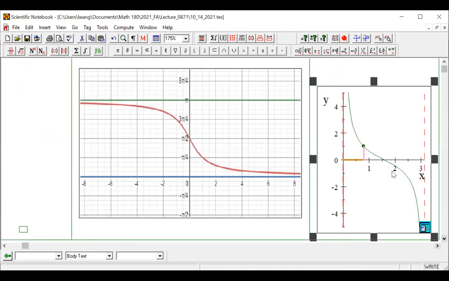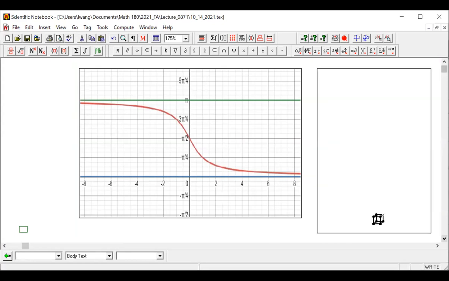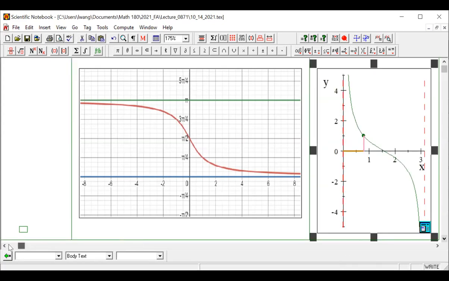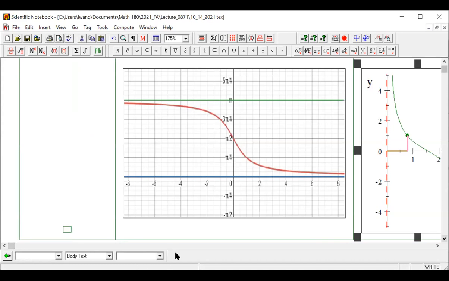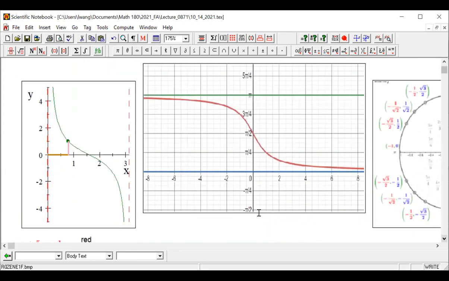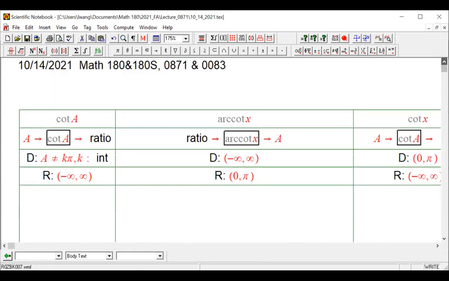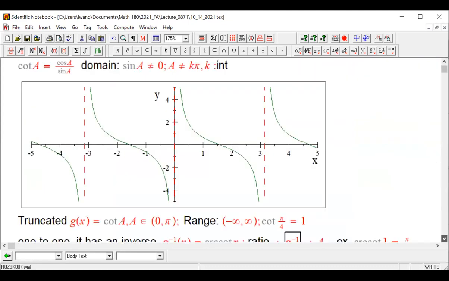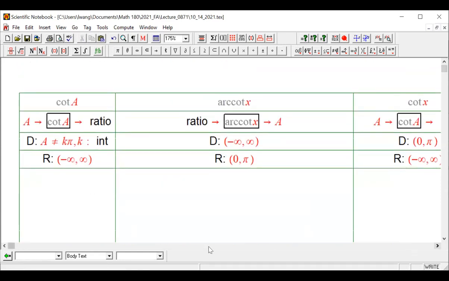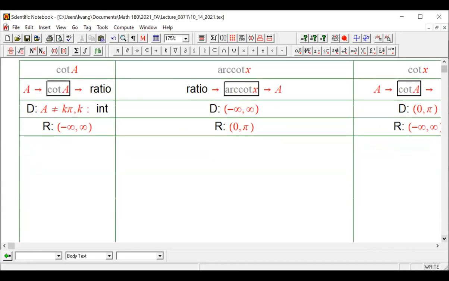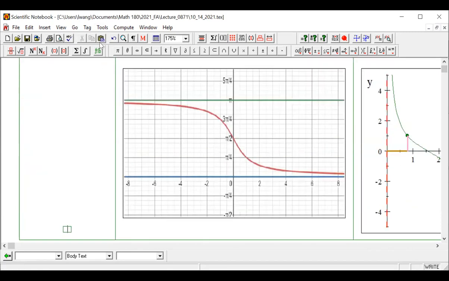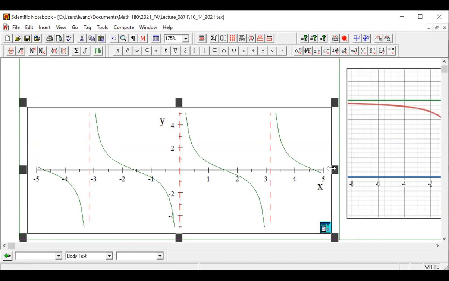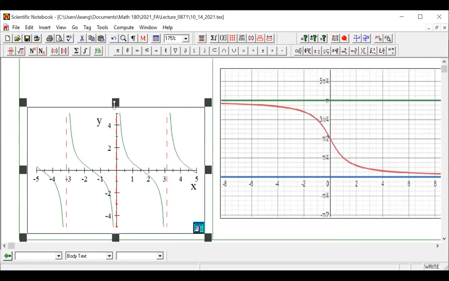And the cotangent, of course, the cotangent we refer to is this guy. I hope that's clear to everyone. Is that clear to everyone?